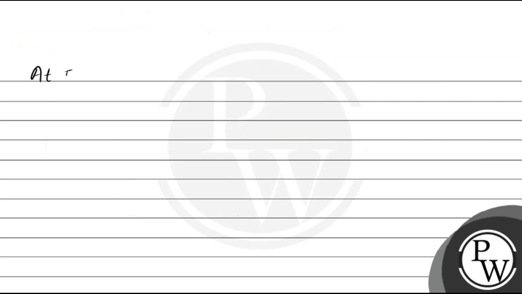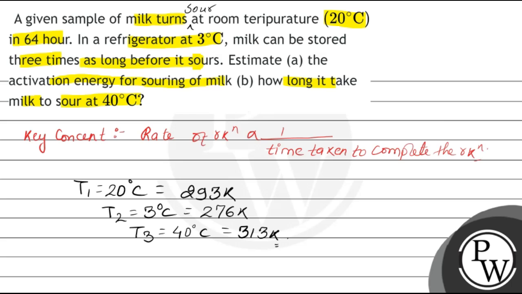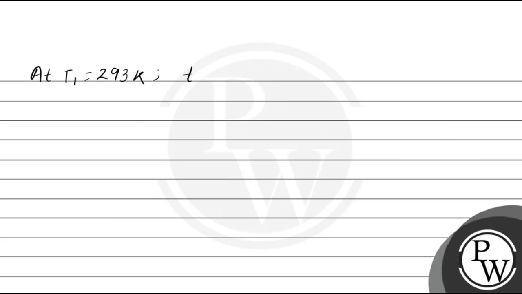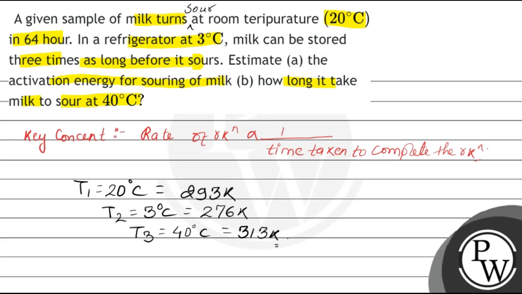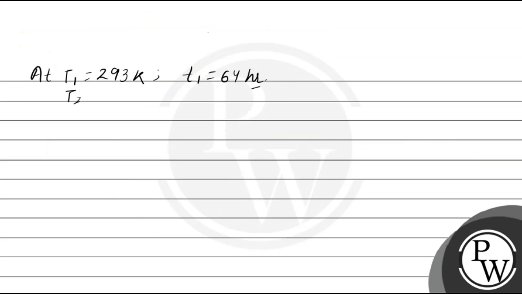At T1 equal to 293 Kelvin, time taken to sour the milk is equal to 64 hours. And at 3 degrees Celsius, time taken to sour the milk is equal to 3 times of that at 20 degrees.